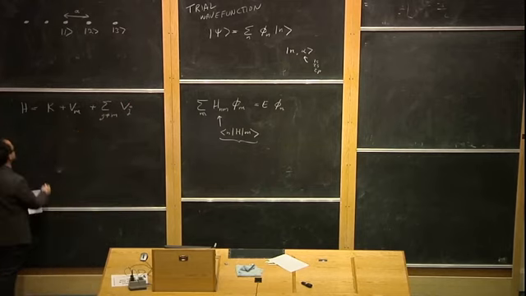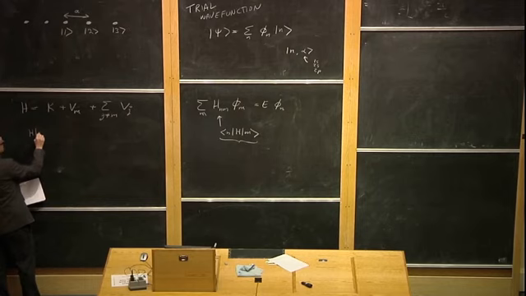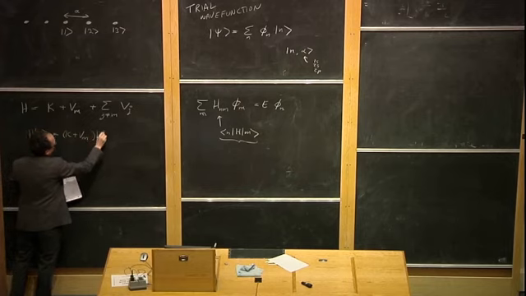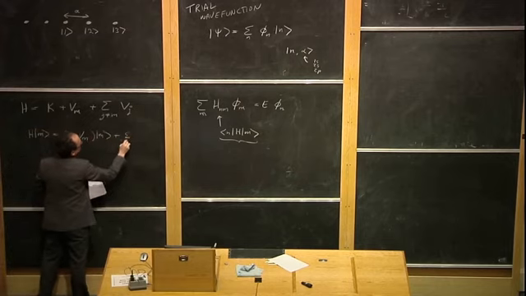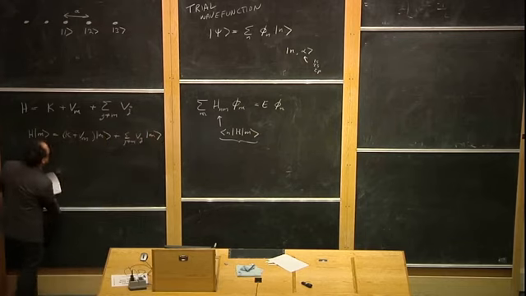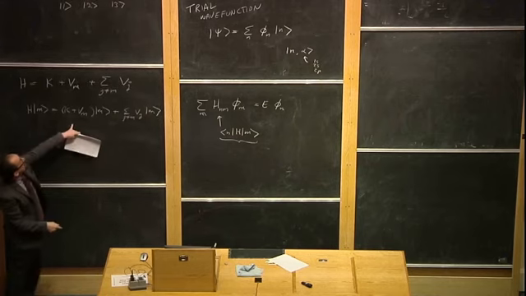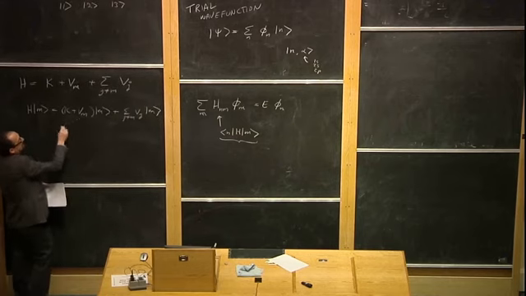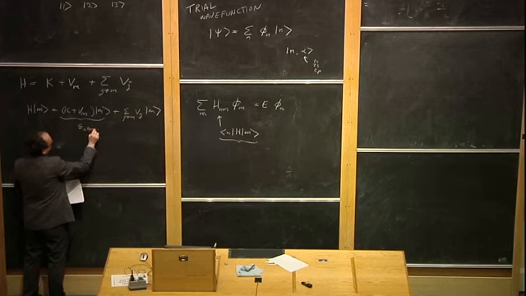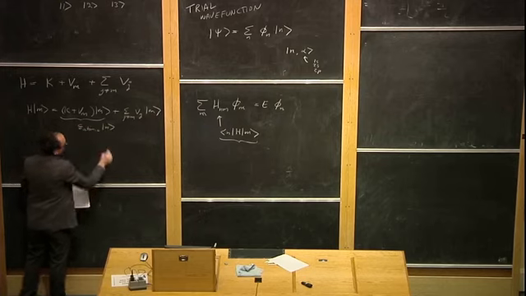The reason we do this is because then we can write h on the ket m equals k plus vm on the ket m, plus the interaction with all the other nuclei, v sub j on ket m. Okay? Now, we defined the ket m to be the eigenstate of k plus vm. So this thing here is just E atomic on ket m.